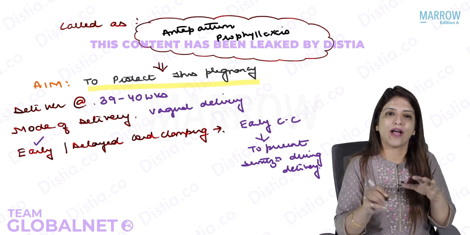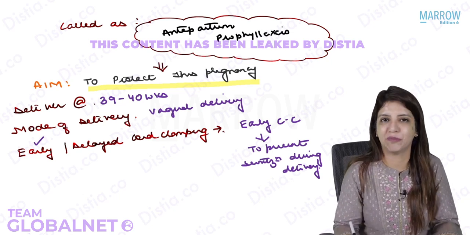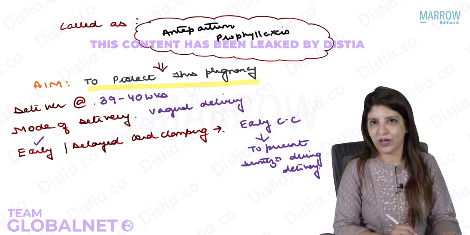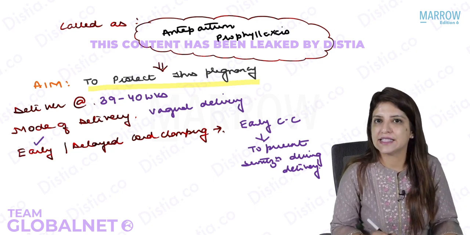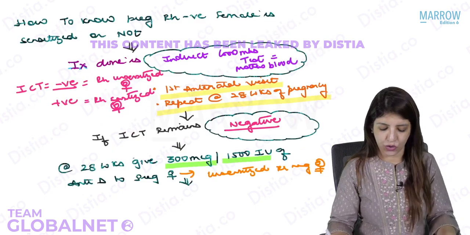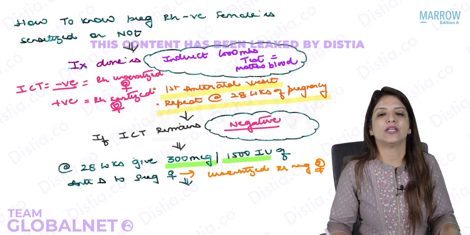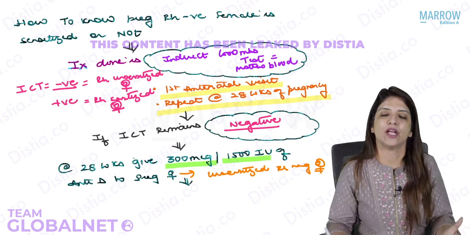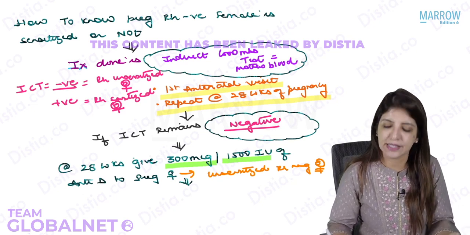So that's the drawback of when you just fill in the blanks, right? So this is called antepartum prophylaxis when you are giving anti-D at 28 weeks of pregnancy to the Rh negative unsensitized mother, to the Rh negative female whose indirect Coombs test was negative.